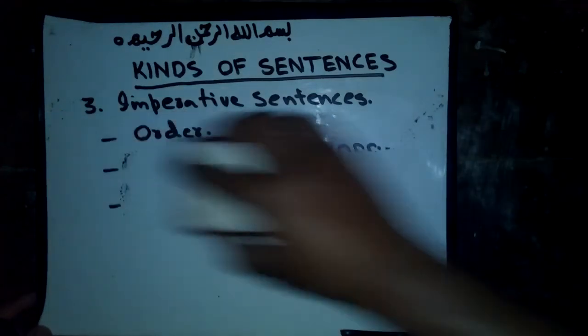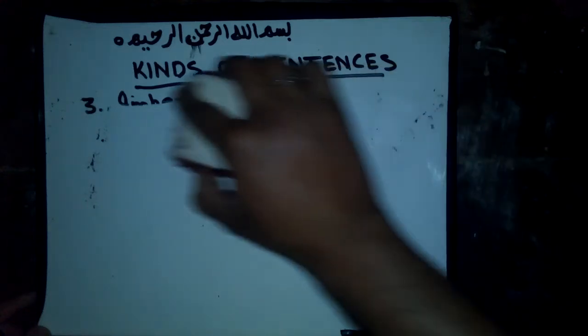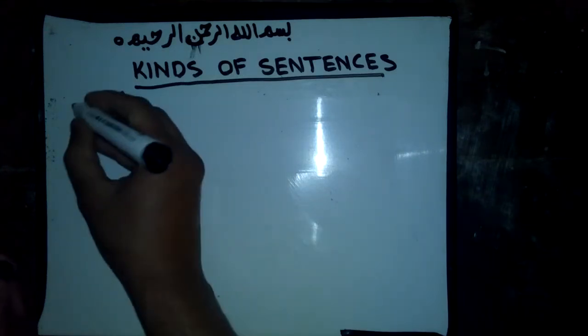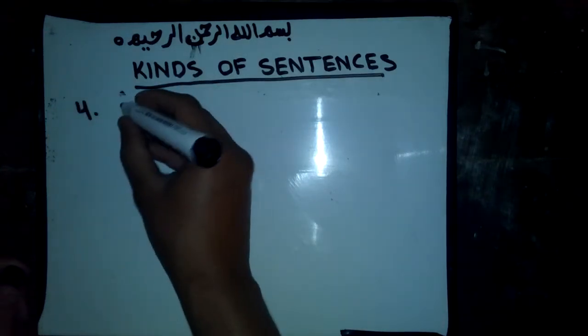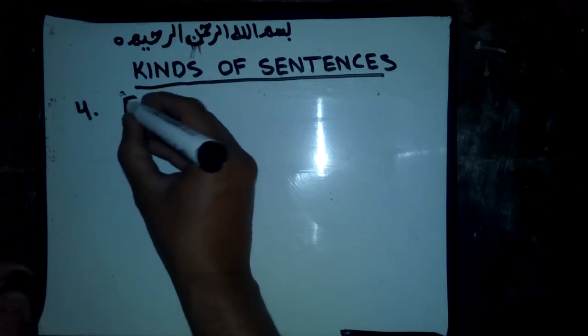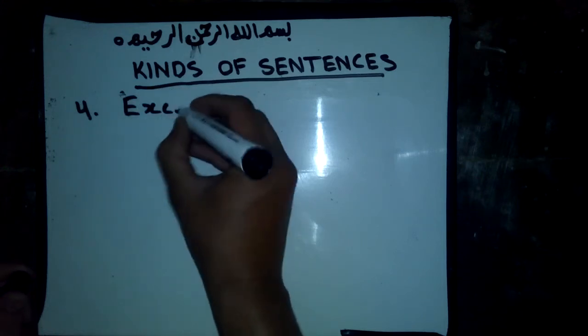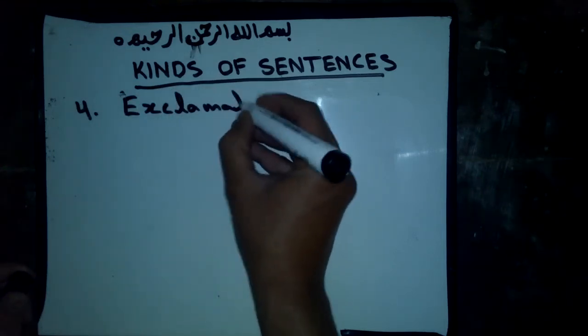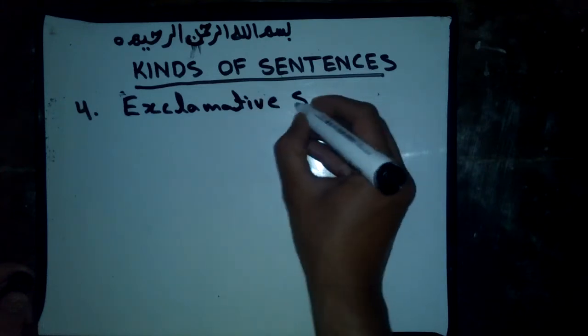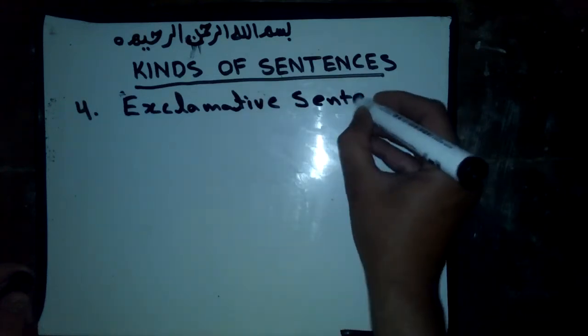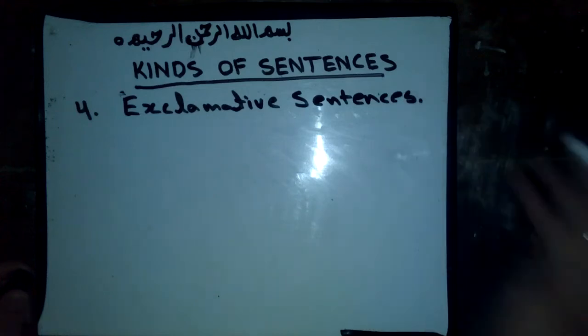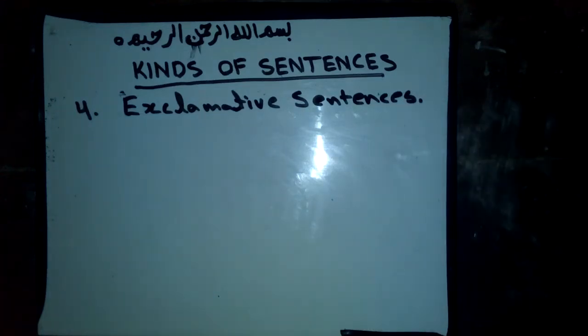Now the fourth kind. Number 4 is exclamative sentences. These are the sentences in which emotions or feelings are present.